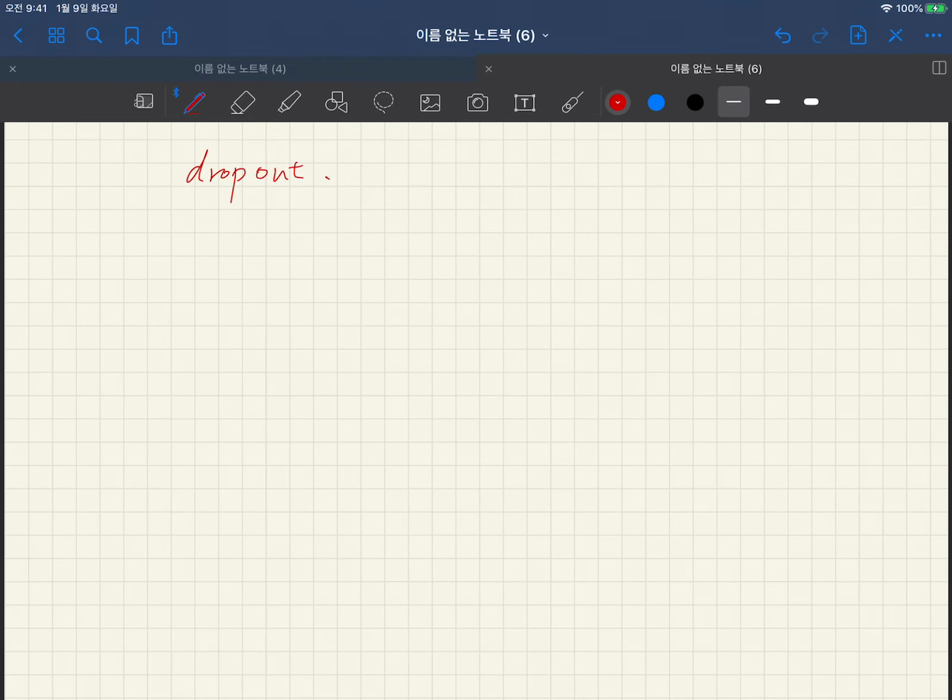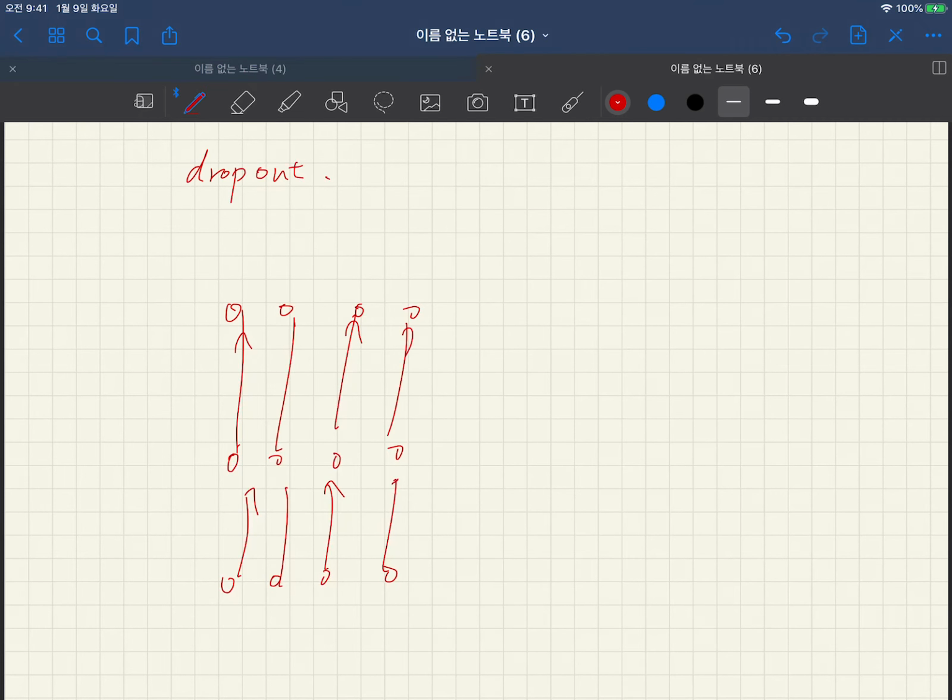So when you train your neural network, instead of using the original neural network structure, at each iteration we randomly remove some edges or randomly remove some neurons so that the neural network contains some artificial noise, and the artificial noise can prevent the convergence to the optimal solution of your objective function.